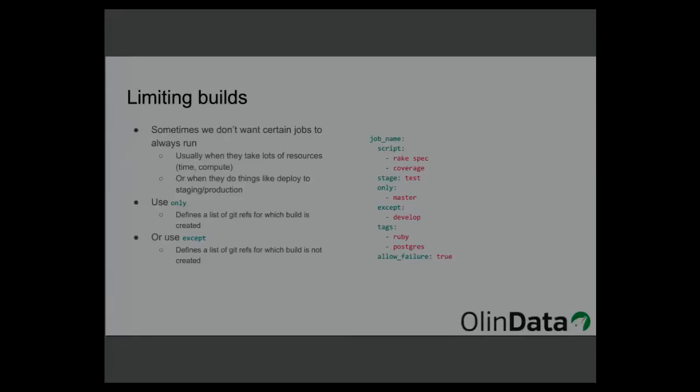It works on git refs, so it works on tags as well as on branch names. So you run it only for the master branch, except for builds that are tagged as develop.